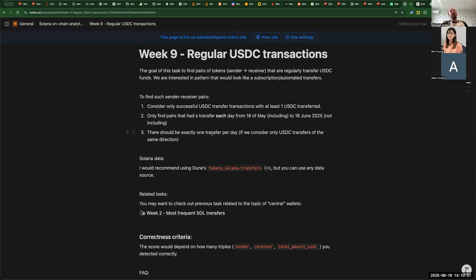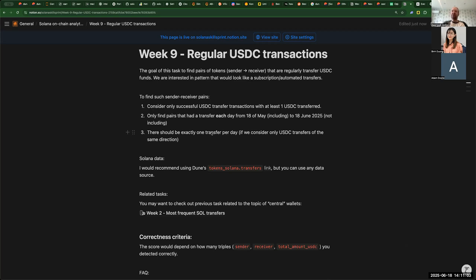In a short way, we try to find wallets that are actually used for subscriptions or automated payments. For this, the idea is to use the transfers, specifically for USDC.